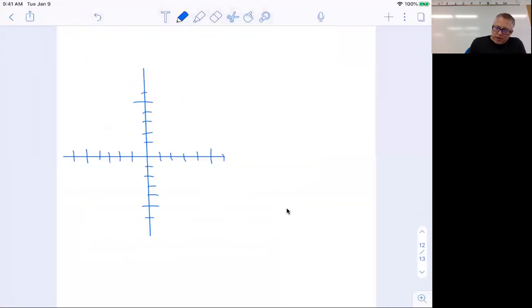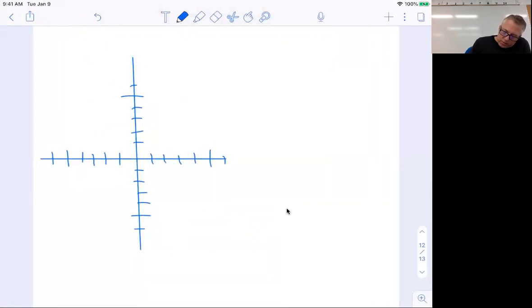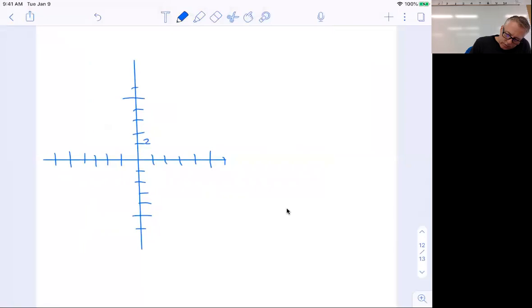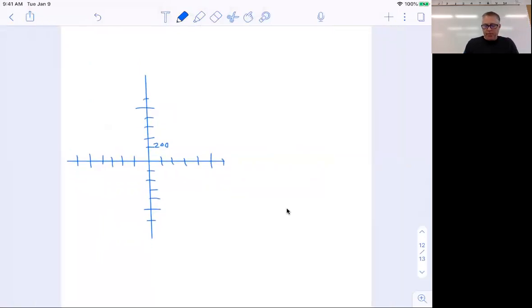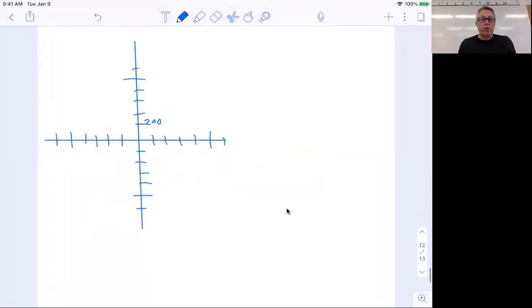But I'm going to scale my y-axis at 200, meaning every notch is worth 200. So like this is at 1,000. It's at 0, 1,000. Okay. 200, 400, 600, 800, 1,000. Now I didn't scale the x-axis, so each of those is only 1. Okay, so just be careful of the scale here.